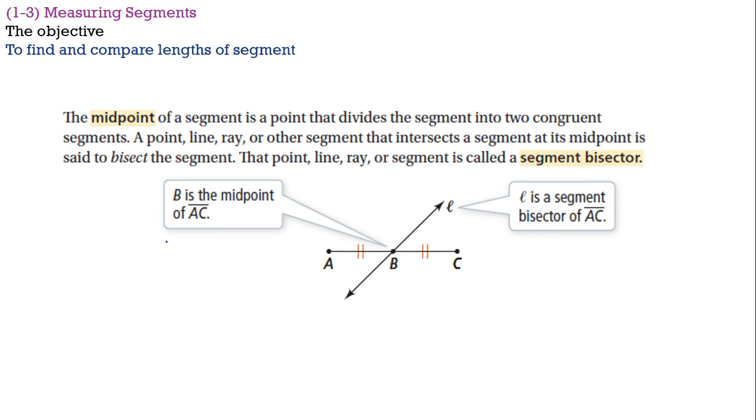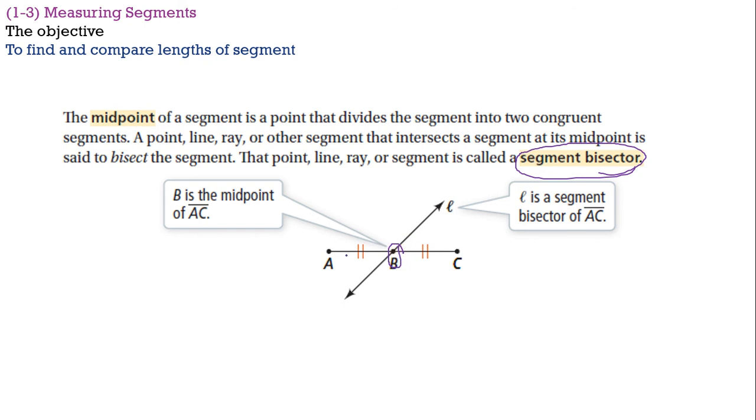Now, let's discuss midpoint. The midpoint of a segment is the point that divides the segment into two congruent segments. If any line passes through this point, we can call it a segment bisector. If you see here, this B is the midpoint.